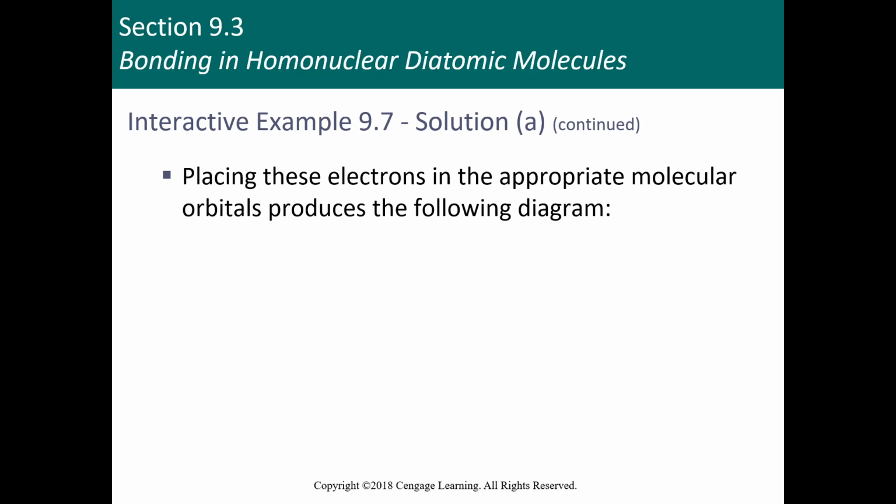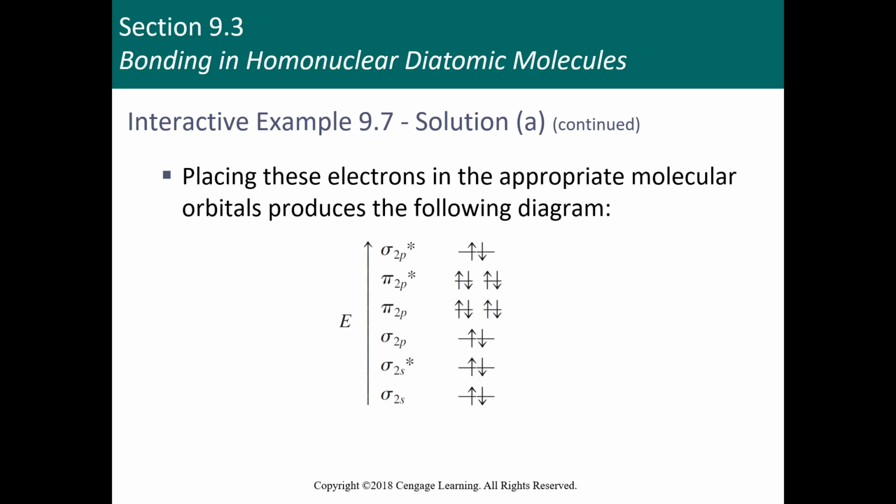So if we place these electrons into the appropriate molecular orbitals that we produce from our diagram, we would get something like this. Again, we have our sigma that comes from our s orbitals, the anti-bonding sigma, and then the sigma bonding from the 2p orbital right there. And then we have the pi.